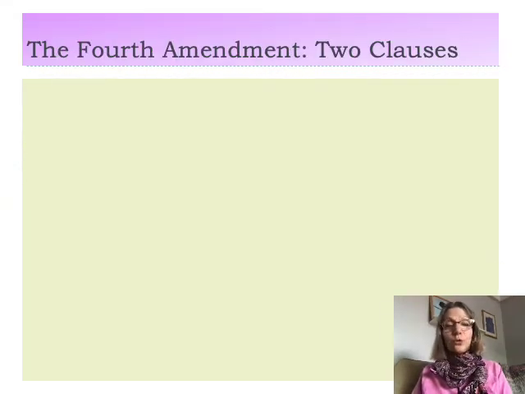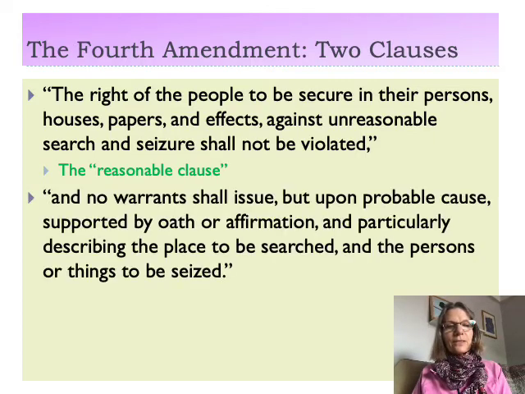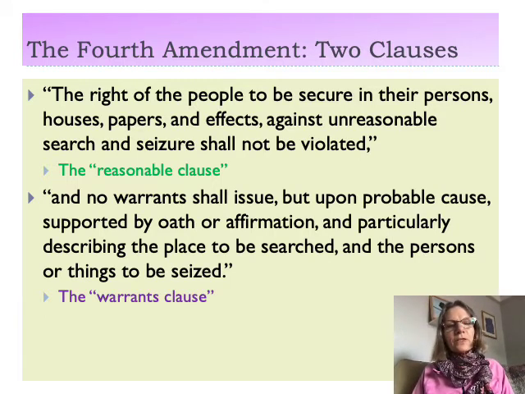Okay, so there are two clauses in the Fourth Amendment, as there are clauses in many of the amendments we've learned about this semester. And so I'm going to put both of the clauses up here, and this is the full language of the Fourth Amendment. It's just that we talk about the Fourth Amendment as having these two clauses. So the Fourth Amendment reads, "The right of the people to be secure in their persons, houses, papers, and effects against unreasonable search and seizure shall not be violated."